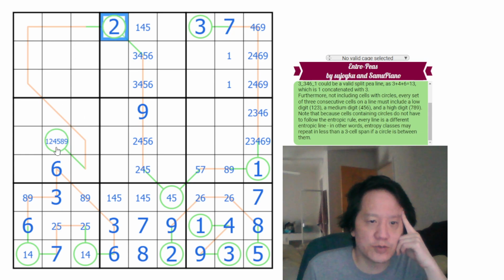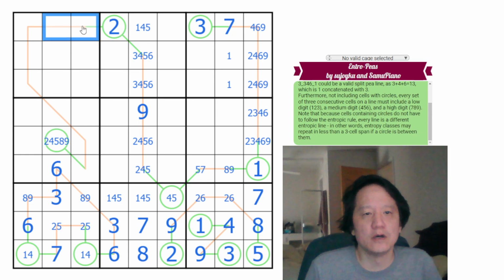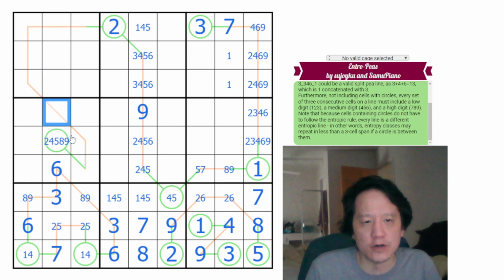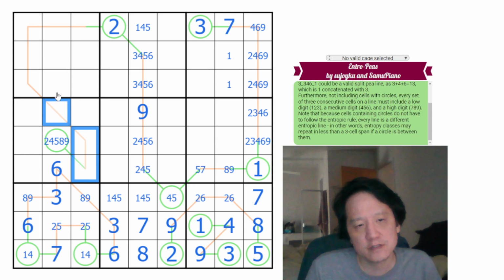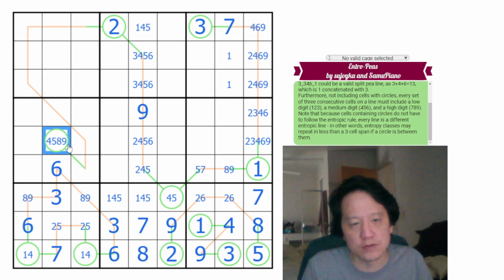Okay, so this could be 21, but this would have to be 1, 2, 3 if that's 21. So this cannot be 21. In addition, this can't be 1, 4, and 5, which would have to be for this to be 15. So can this be 22? No, it can't be 22 because this would have to be, first of all, this would have to be 1, 3, and 4, which is 8. 8 plus 15 is 23, so this can't be 2.